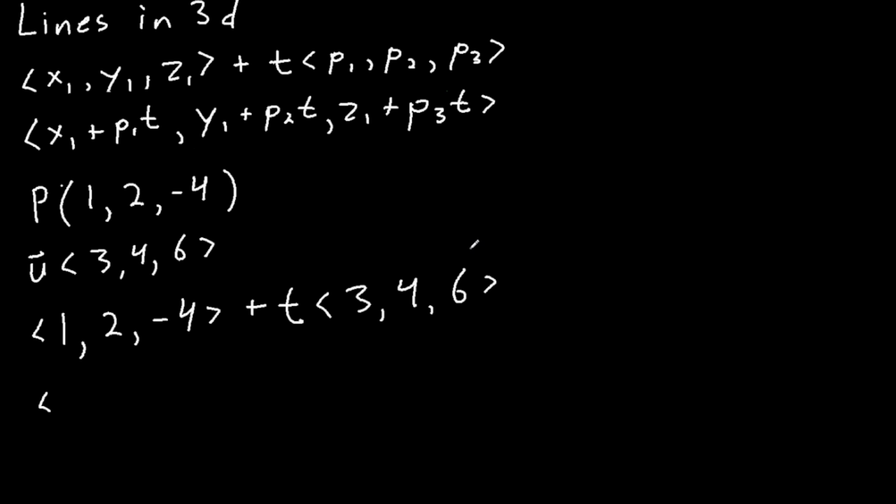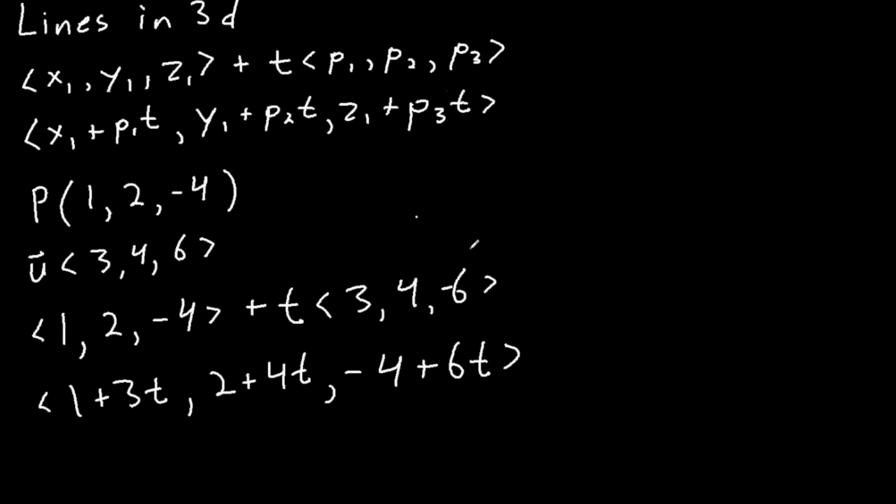As long as you know this, you can get this pretty easily. 1 plus t times 3, comma, 2 plus 4t, and negative 4 plus 6t. And the reason why I chose negative 4 here was because negative 4 is here. If this was negative 6, then this right here would be negative 6.